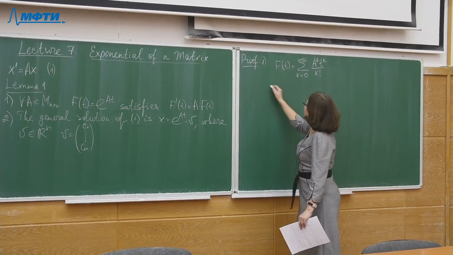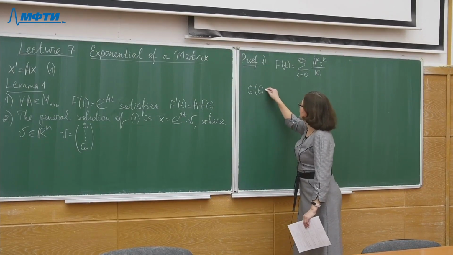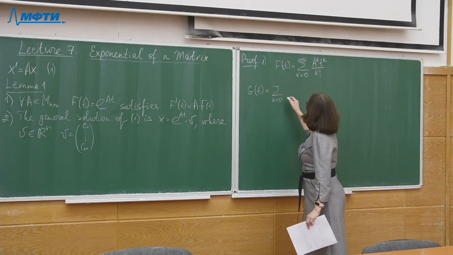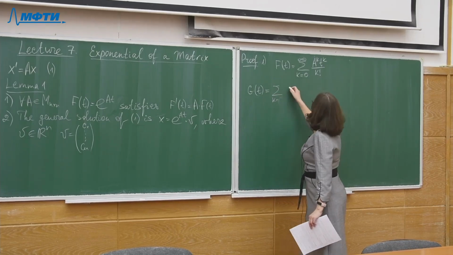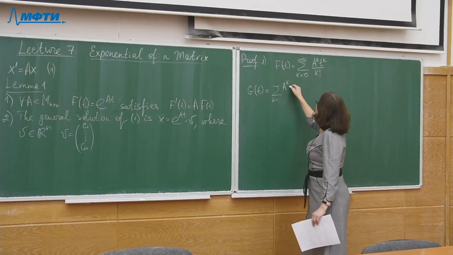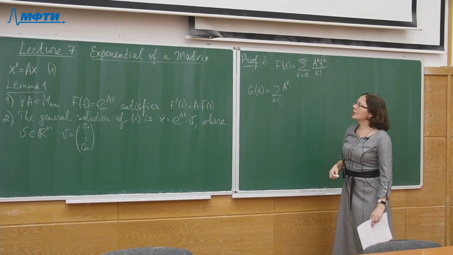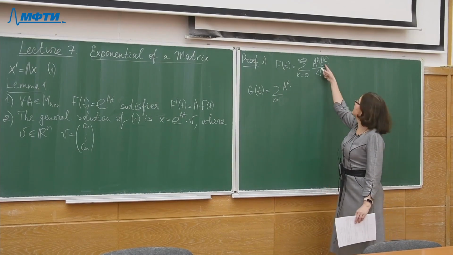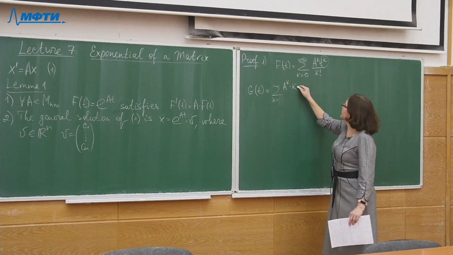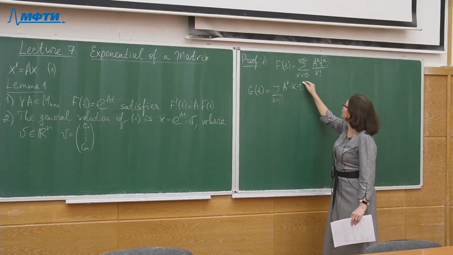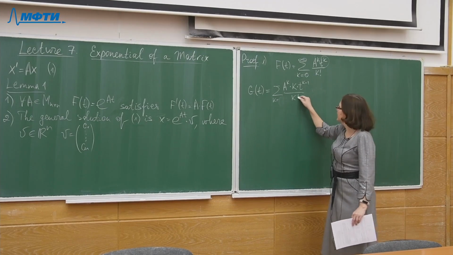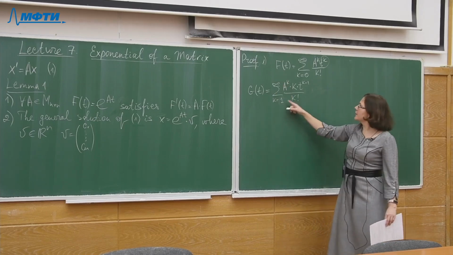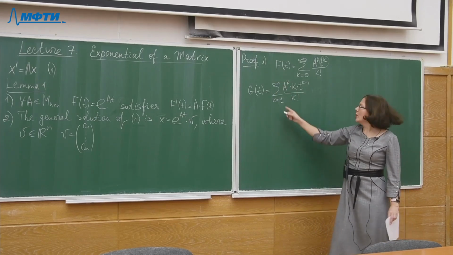Let's consider the following matrix G of t, which is equal to, and now I differentiate each term, and I will get the following: A to the k times, so only this factor depends on t, and so we differentiate and we will get k times t to the power k minus 1 over k factorial, and k runs from 1 to infinity. We needn't write 0 because we multiply by 0, so we'll start with 1.